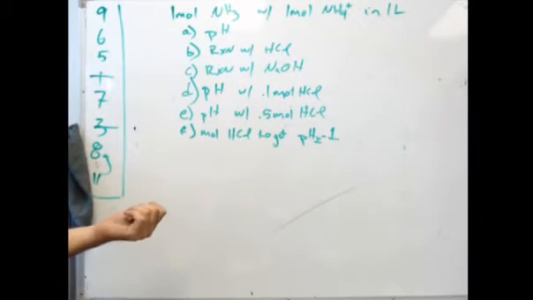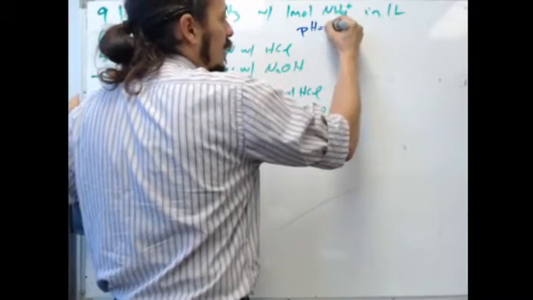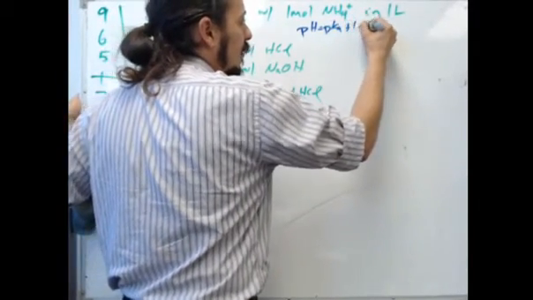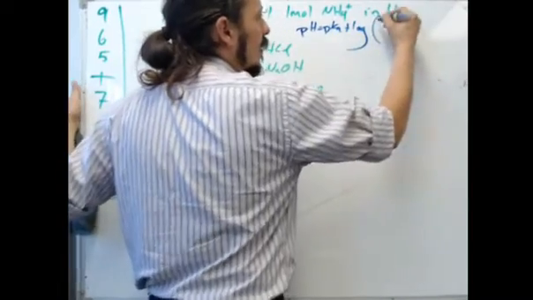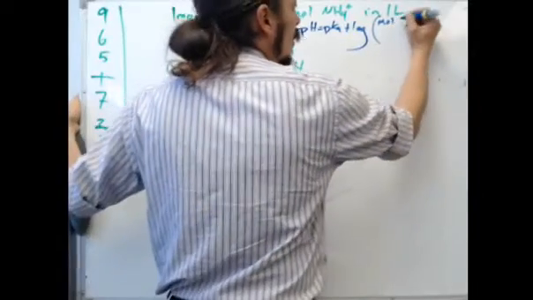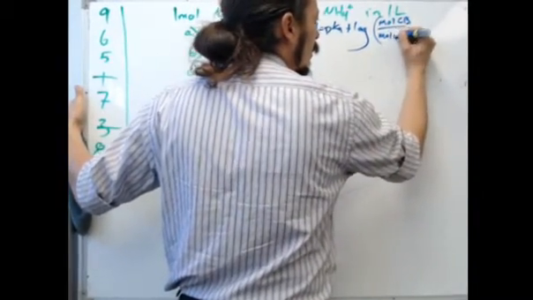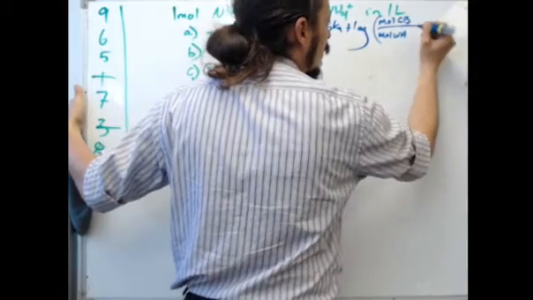To calculate the pH, we're going to be using pH equals pKa plus log of moles of conjugate base divided by moles weak acid.